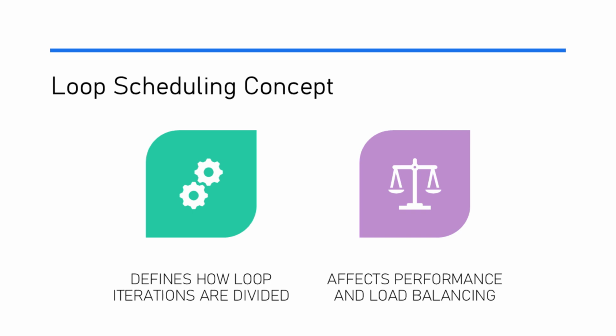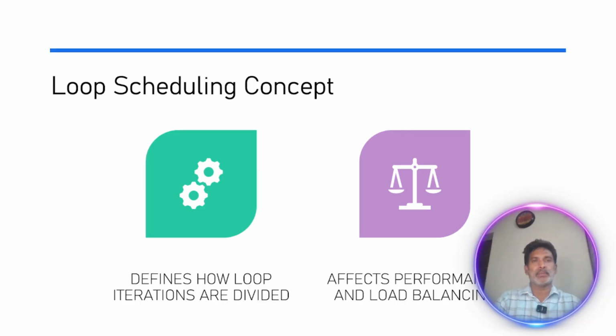Choosing the right scheduling improves performance. Loop scheduling in OpenMP defines how the iterations of a parallel loop are distributed among the threads. The way this distribution is handled has a direct impact on load balancing, execution time, and overall performance.